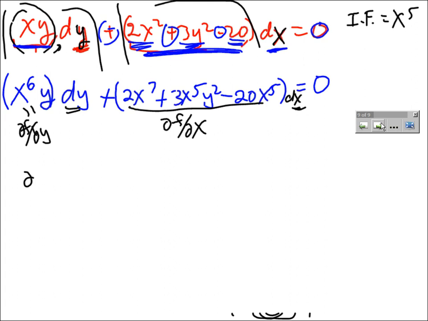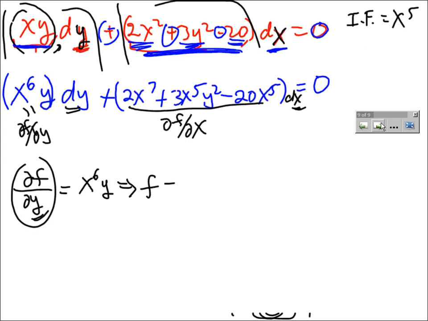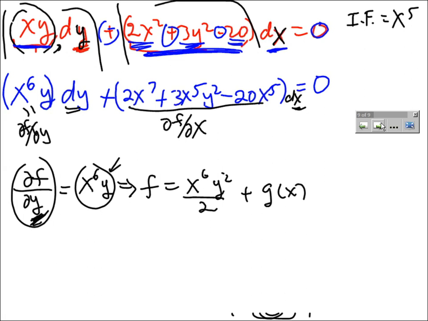So df dy is x to the 6th y. If I integrate with respect to y, the integral of that is just f, and the integral of this, well, x to the 6th is a constant, the integral of y is y squared over 2, plus a function of not that letter, but x.